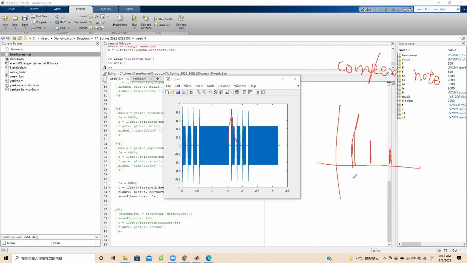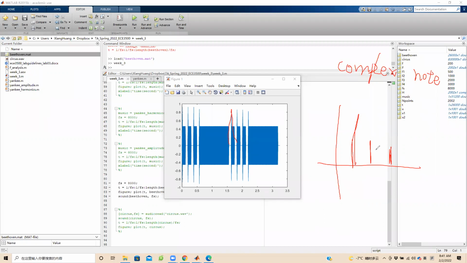Which means for this note, it has multiple energies located on different frequency areas.